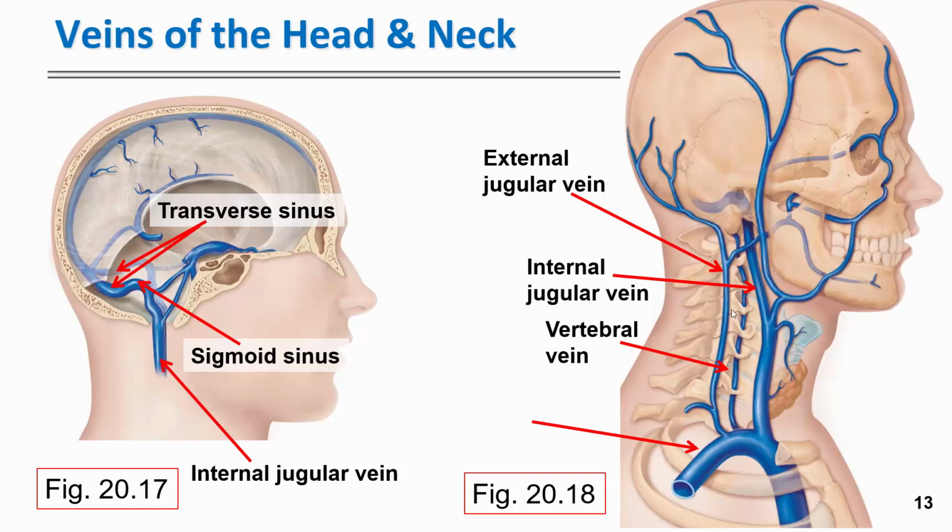And as you can see here, one other major vessel that also drains tissue of the spinal cord is the vertebral vein. So this is all blood that collects and will drain into the brachiocephalic vein that will continue towards the right atrium.